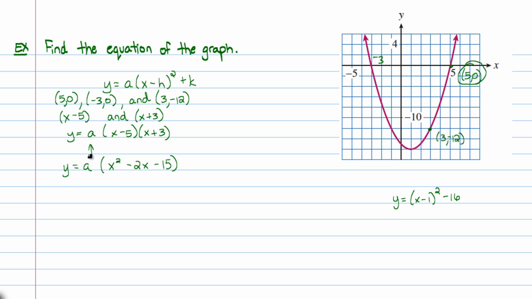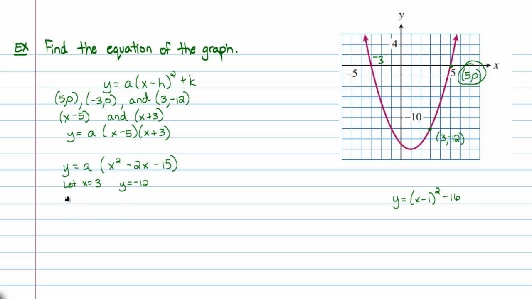Now how do I find that a? Well, they gave me one other point for a reason, so that I could plug it in. So let's let x equal 3 and y equal negative 12 to see what that a is.